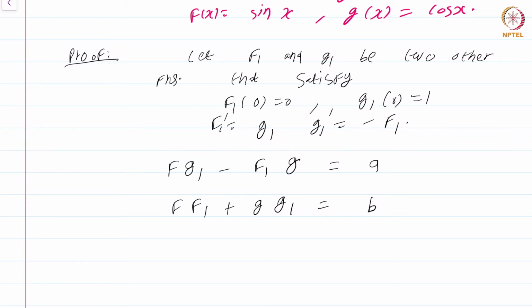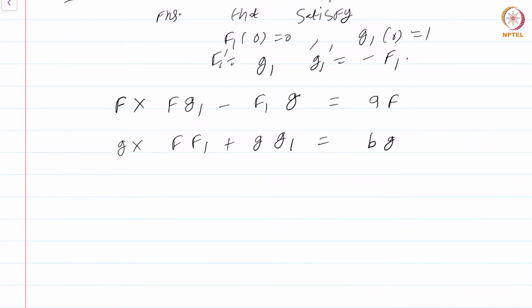Okay. Now what we do is we multiply the first equation by f, and we multiply the second equation by g. Then we subtract both equations. So what we'll essentially get is f squared g1 minus f f1 g minus g f f1 minus g squared g1. Okay, we'll get this combination.